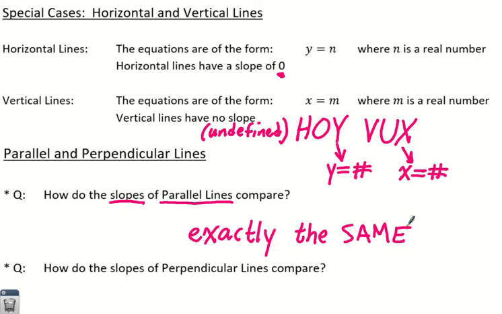But how do lines of perpendicular compare as far as slopes? So how do the slopes of perpendicular lines compare? Do you remember this one? Well, they are opposites, but they're also reciprocals. They are opposite reciprocals of each other.